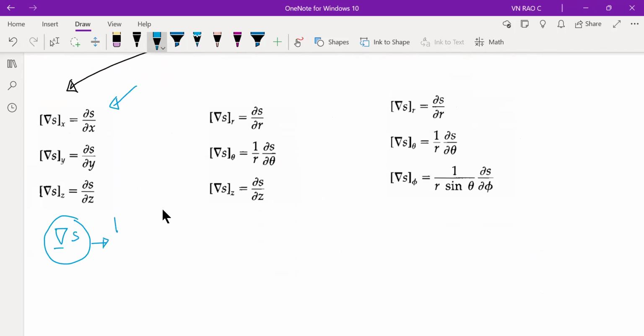And the above portion, what you are seeing here, these three are the x component, y component, and z component of this vector.